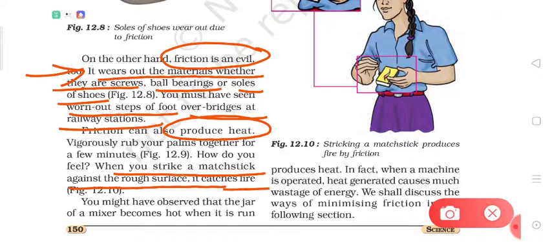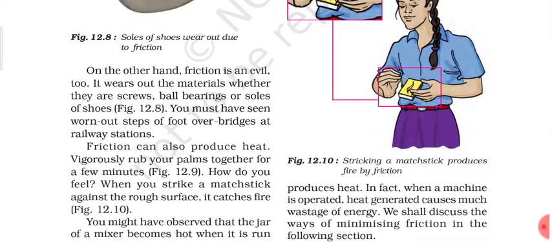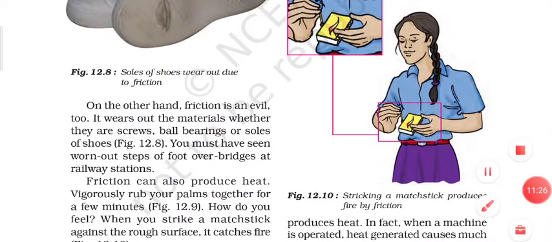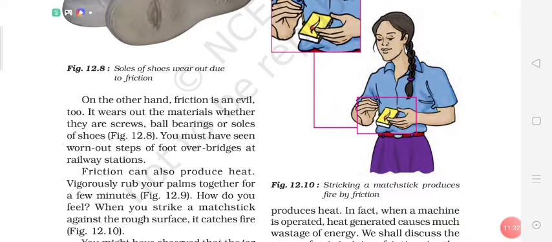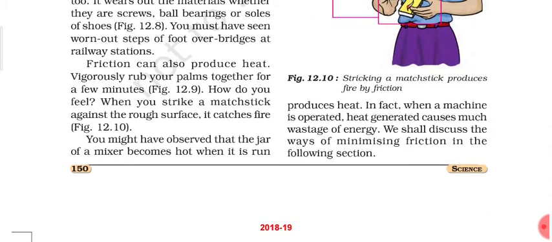This is because, due to friction, the material in the matchstick head becomes hot. Heat is being produced, and on reaching its ignition temperature, the matchstick head starts burning. So here you can see that the friction between the matchstick head and the matchbox is very important for its burning. So we can say that friction produces heat.